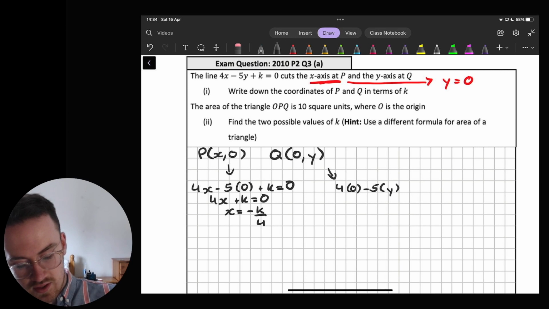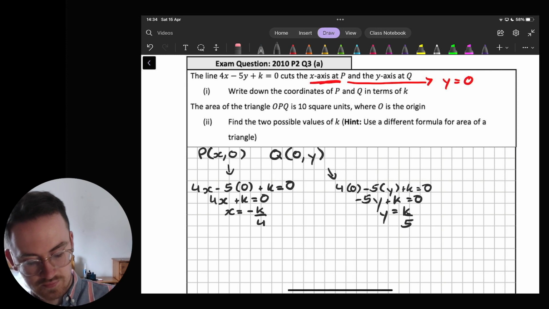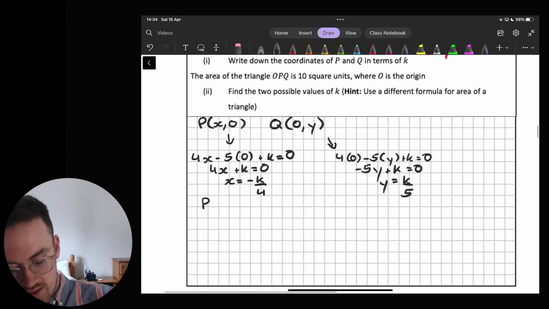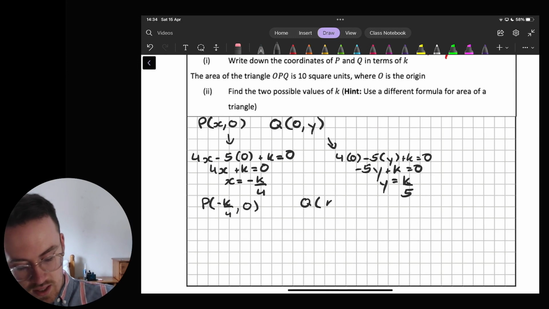I don't know what the y value is going to be, and solving for y, I get that y is equal to k over 5. So P is minus k over 4, 0, and Q is 0, k over 5.